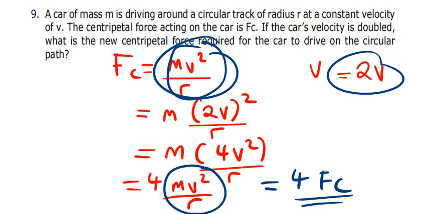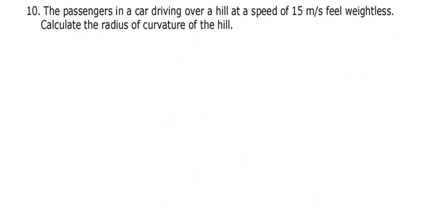Now let's solve the last question, question number 10. We're told that the passengers in a car driving over a hill at a speed of 15 meters per second feel weightless. Calculate the radius of the curvature of the hill.